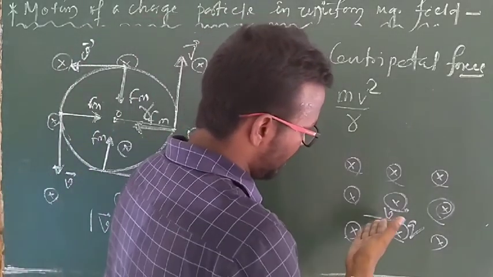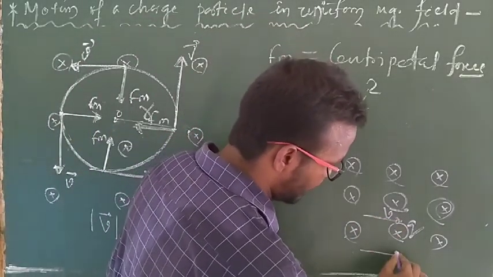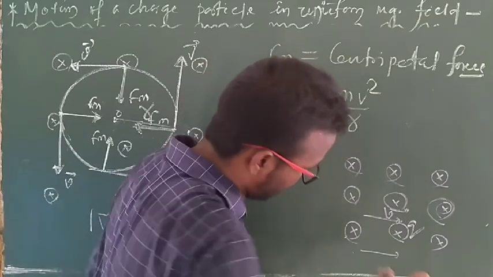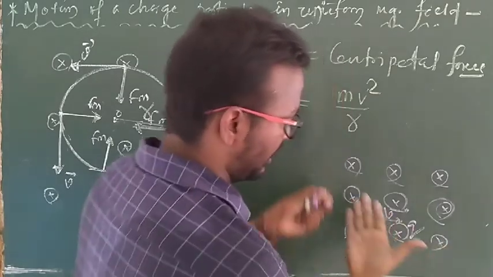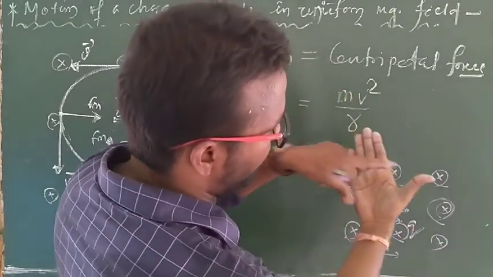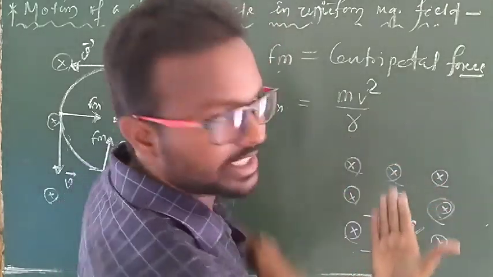Here this is the velocity vector and this is the magnetic field. The angle between them is 90 degrees.